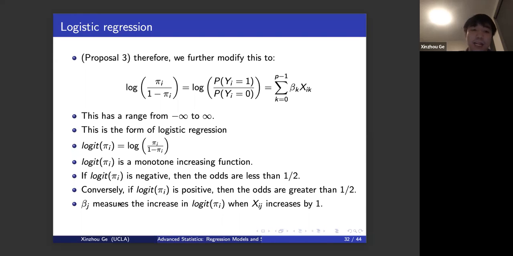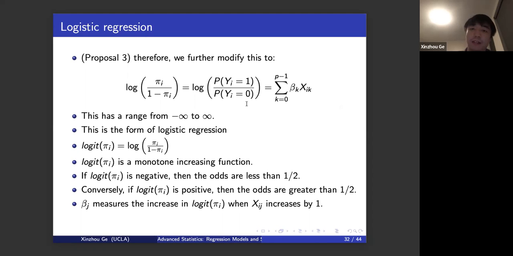And beta j will measure the increase in the logit function when xij increases. So for example, if we think an increase in one predictor will increase the probability that the individual votes yes, then beta k will be positive.